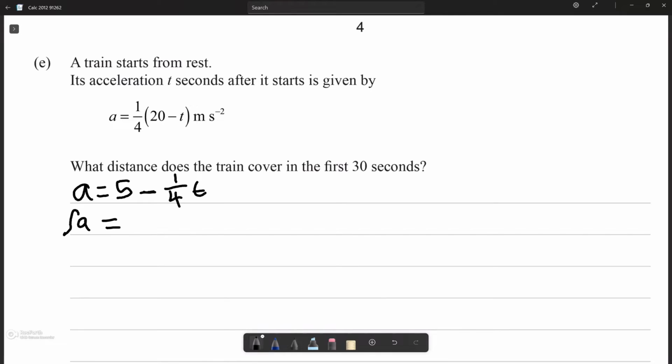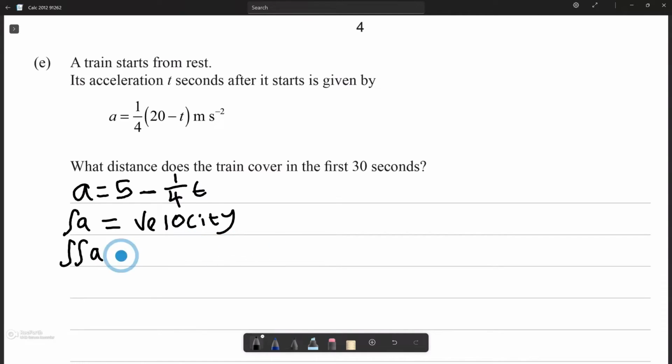And so the first integral of a will give me the velocity. If I integrate it twice, then I'll get the distance.